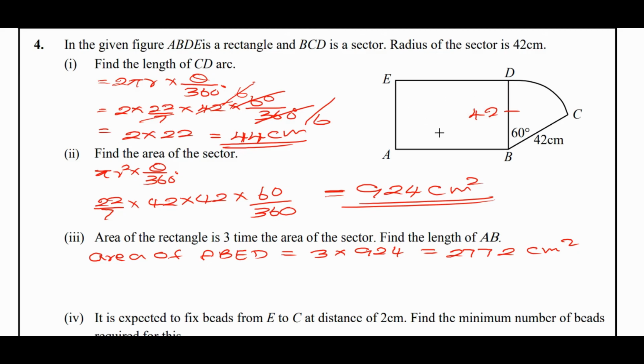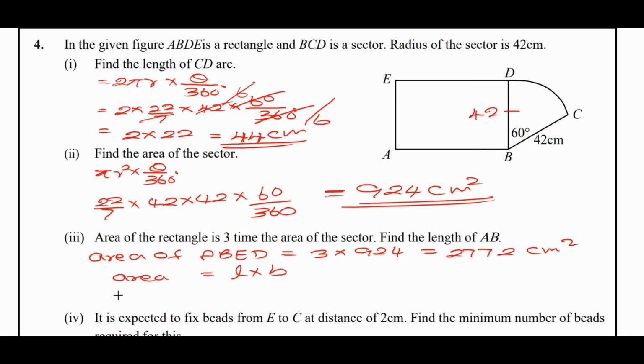And now we can write an expression using this AB and this BD for this area 2772. Area of a rectangle means length into breadth.